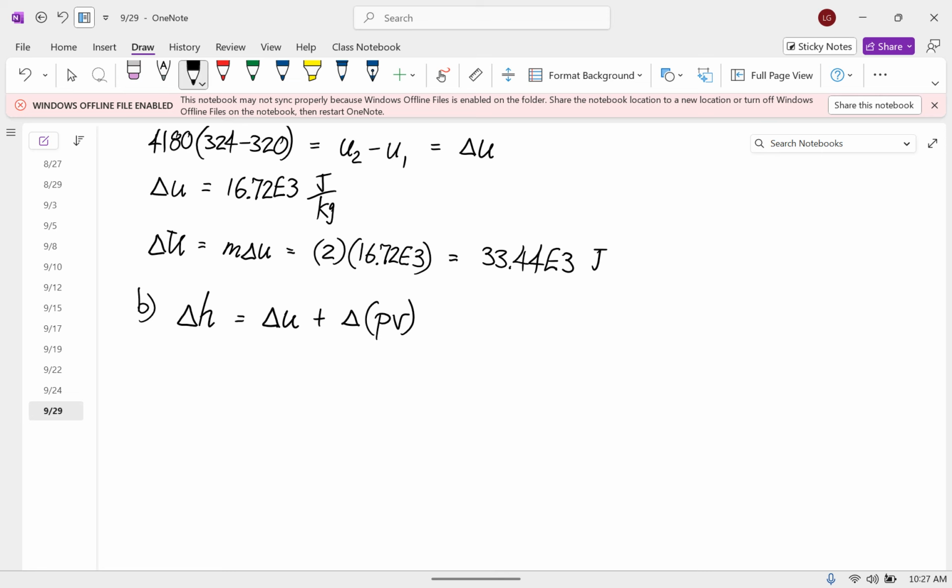We just calculated the change in specific internal energy. And then plus, now the change in pressure times volume, how are we going to calculate that?